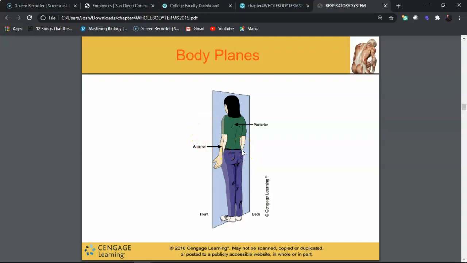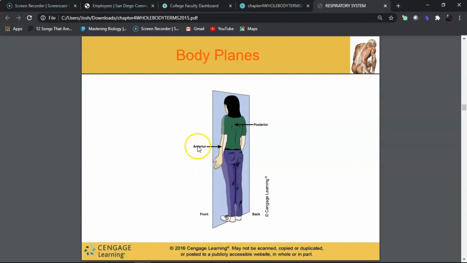There's a couple of terms that are also synonymous with front and back: anterior and posterior. Anterior refers to the front, whereas posterior, right here, refers to the back. There are two other terms that come from this bodily plane that are more animal terms or veterinary terms, but we also get the terms ventral and dorsal.